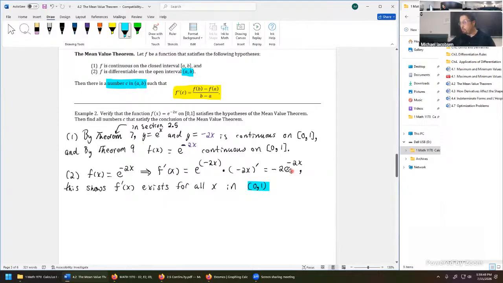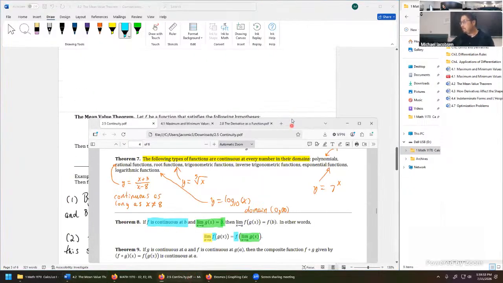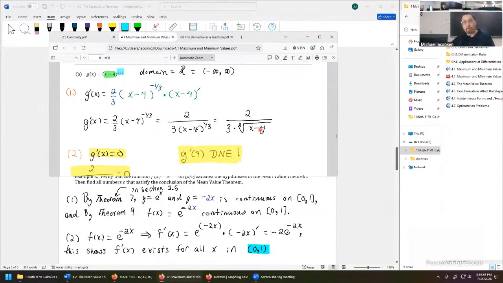The only way this could ever go bad is if something like this happens. Like we saw in section 4.1, we took a nice function that was continuous on the entire real number line from negative infinity to infinity. But when we differentiated this function in section 4.1, it produced a denominator. And there's one excluded value, you cannot plug 4 into the derivative, so the derivative did not exist at one particular point.